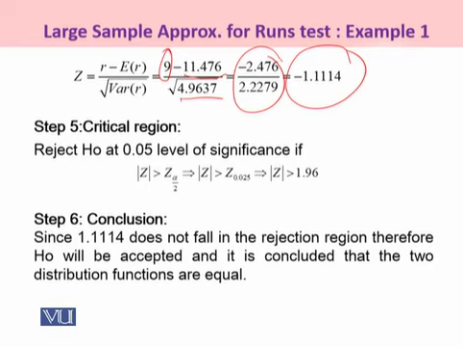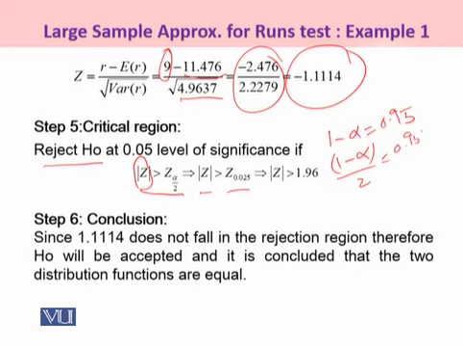Now, as it was a two-sided test, we will reject our H0 at 0.05 level of significance if the modulus of Z is greater than Z alpha by 2. That means we have to take the absolute of the critical value. So the modulus of Z is greater than Z 0.025. Now students, as you know, our 1 minus alpha was 0.95. So if you divide 0.95 by 2, that will give you 0.475.